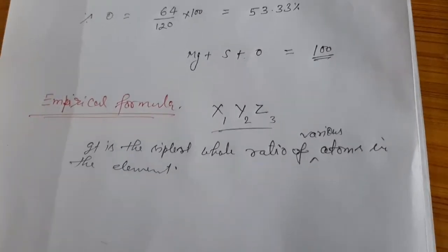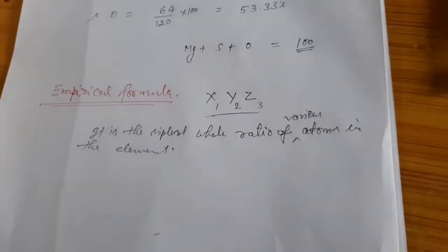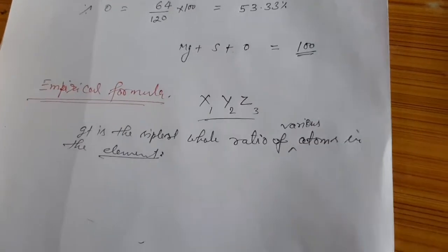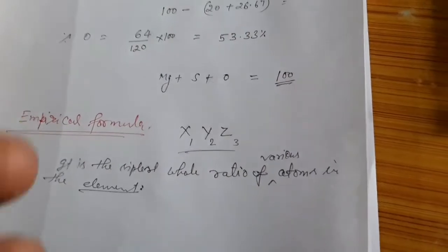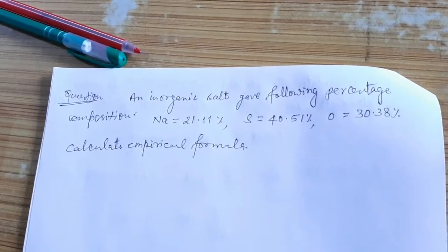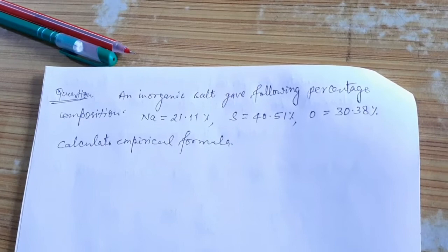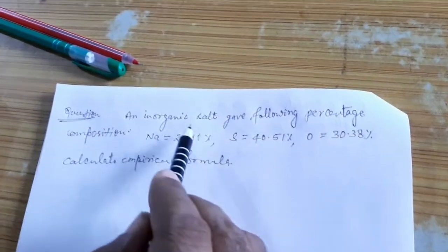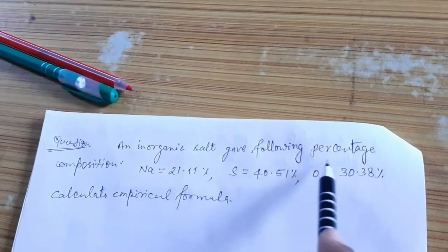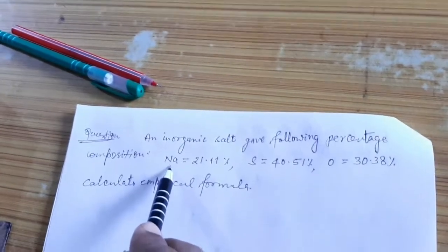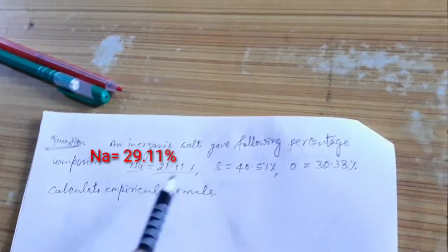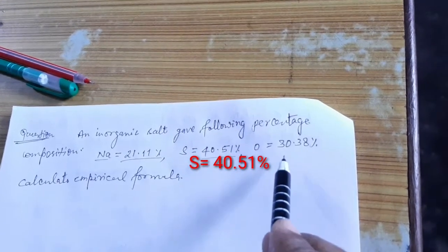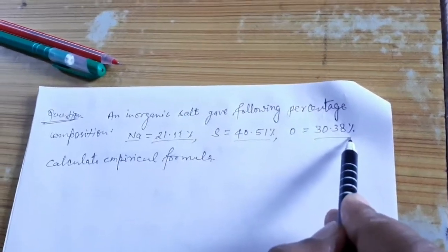So students, first of all we have to take one example to understand about the empirical formula. Like the question is given as, so the example is an inorganic salt gave following percentage composition, that is sodium is 21.11%, sulfur is 40.51%, oxygen is 30.38%.